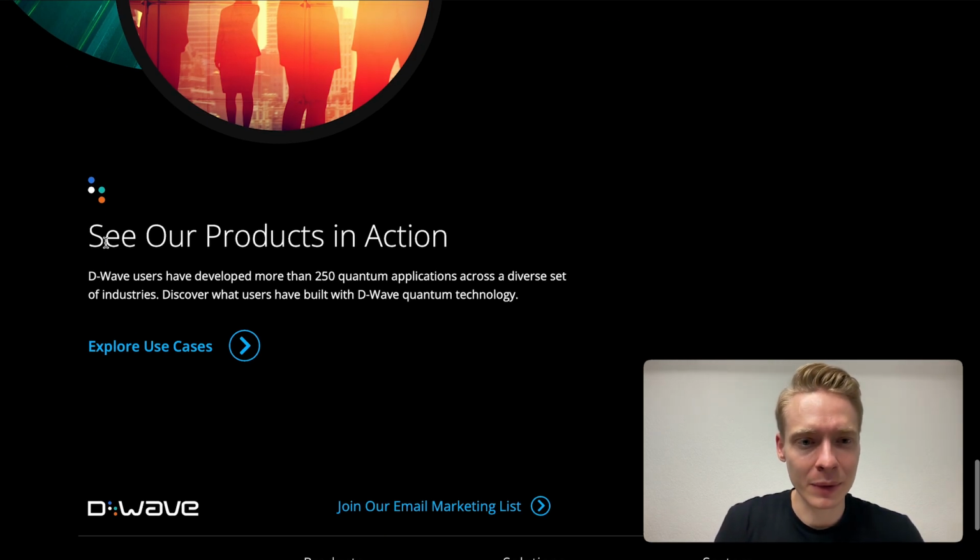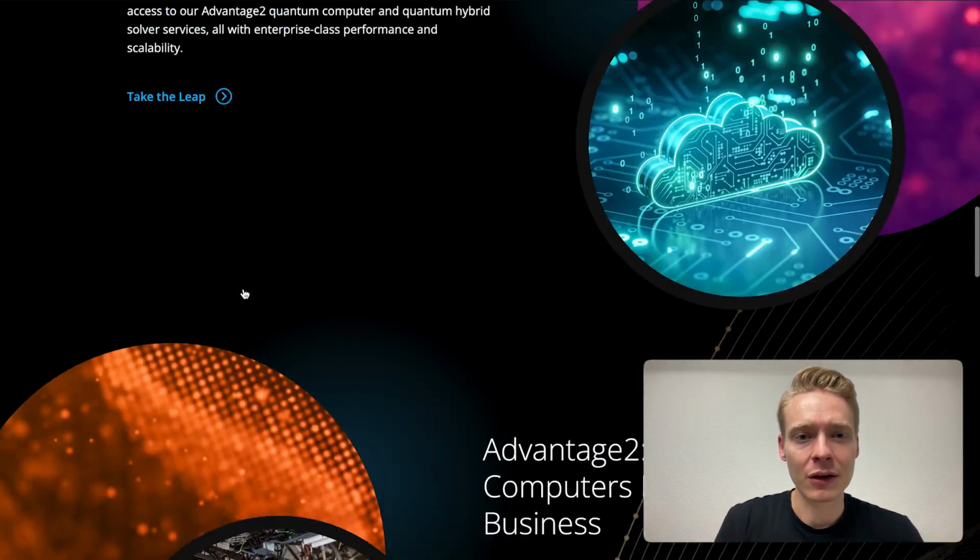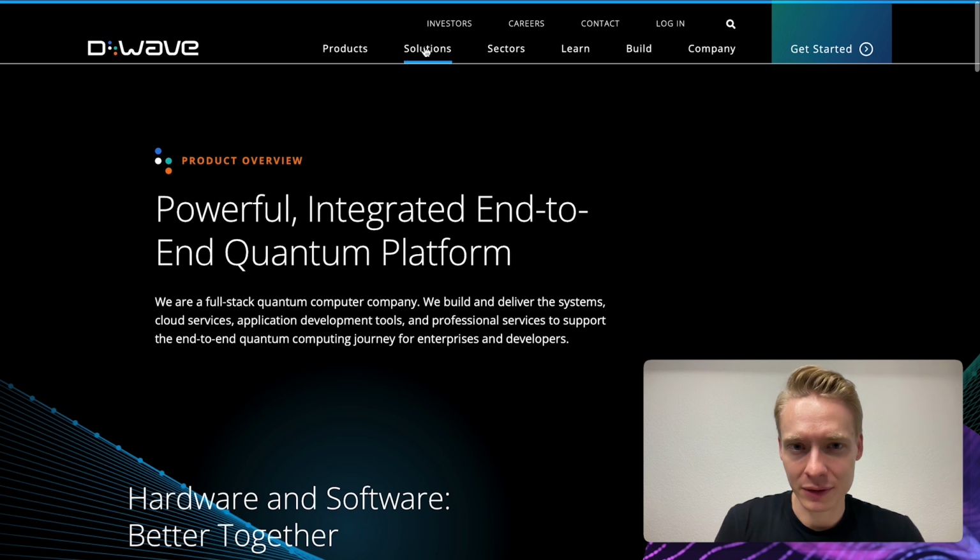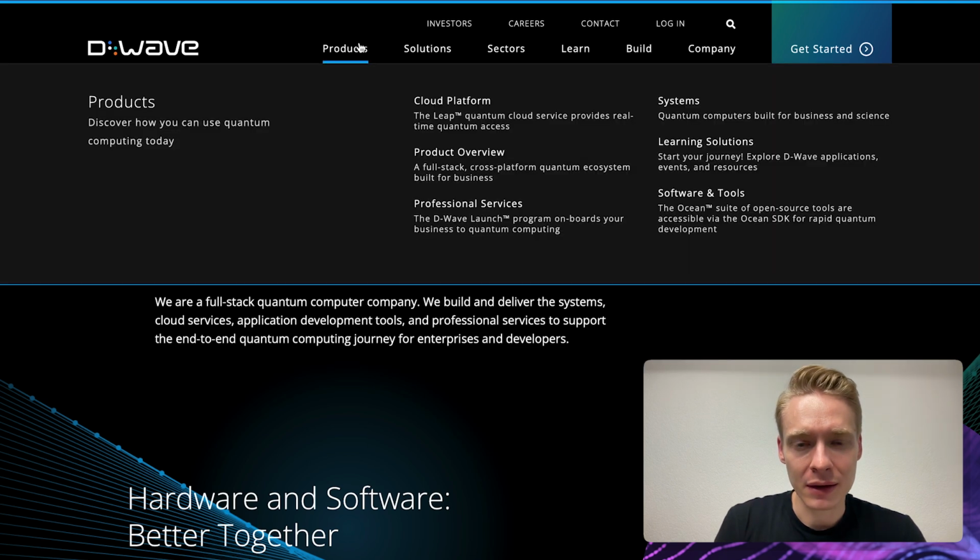And then the final one here, see our products in action. D-Wave users have developed more than 250 quantum applications across a diverse set of industries. Discover what users have built with D-Wave quantum technology. And then you can learn more here about the use cases. But I guess we will see that later on in the sectors as well.